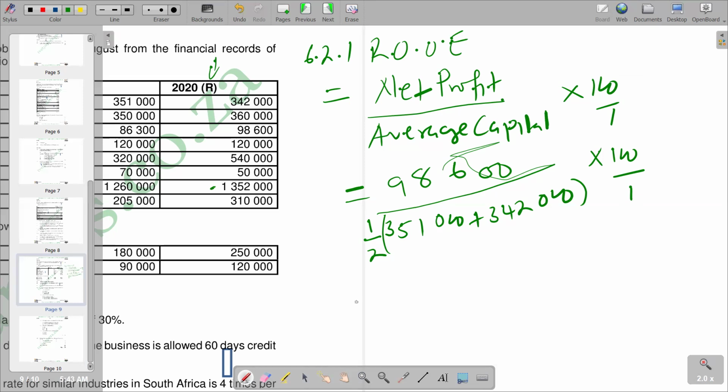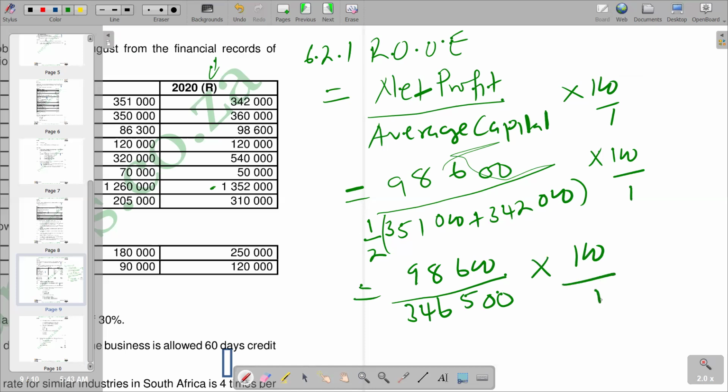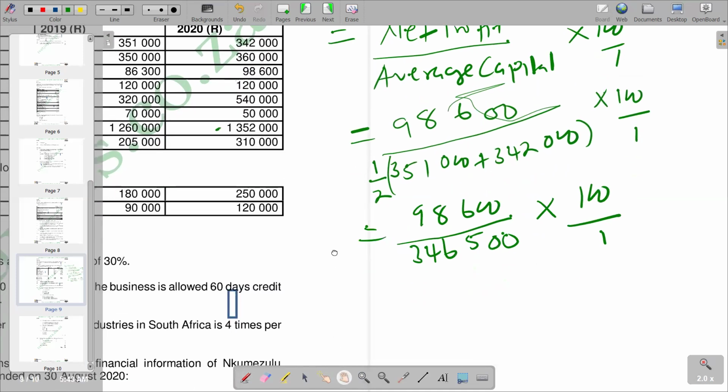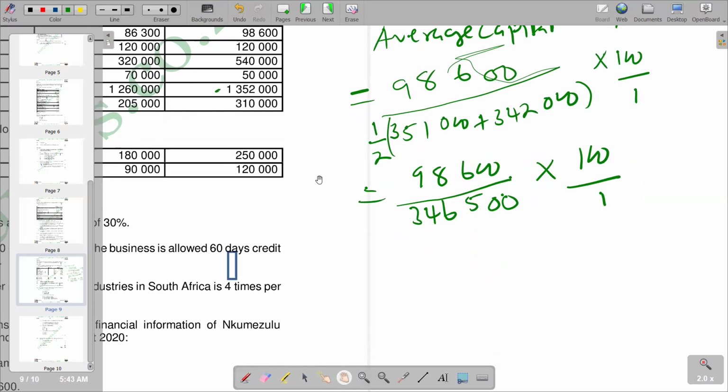So to simplify it further, it becomes 98,600 over the average, which is 346,500. And obviously, you are going to multiply it by 100 over 1. And then we'll try to see the percentage that we are going to get there.